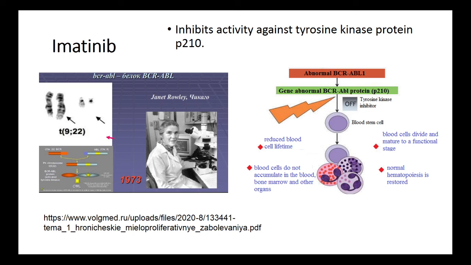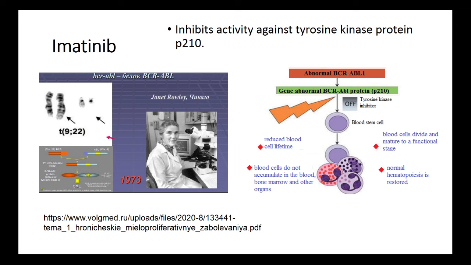But the drug imatinib will block this tyrosine kinase, which works after activation of the expression of this gene, and this will reduce blood cell lifetime, so apoptosis will be high.